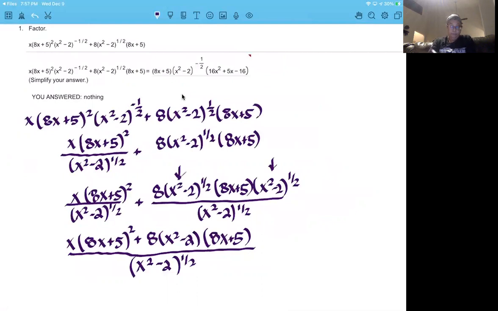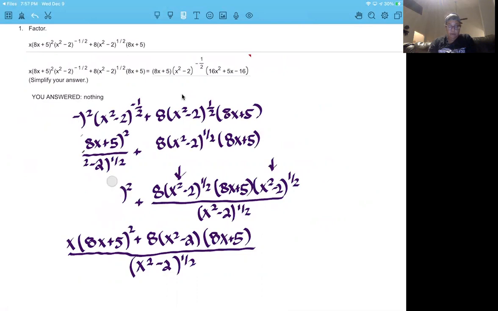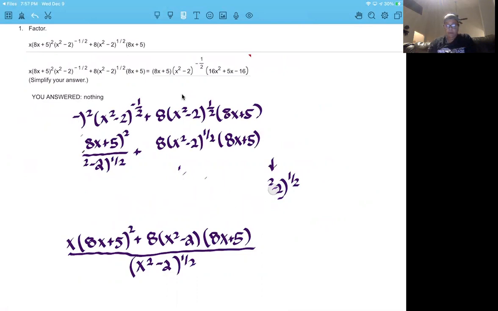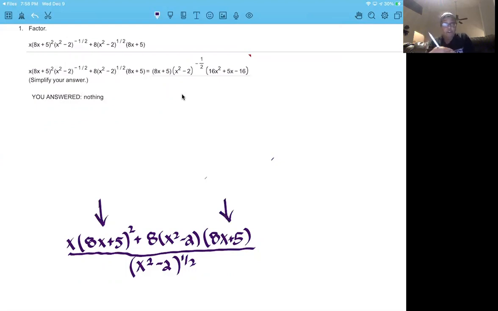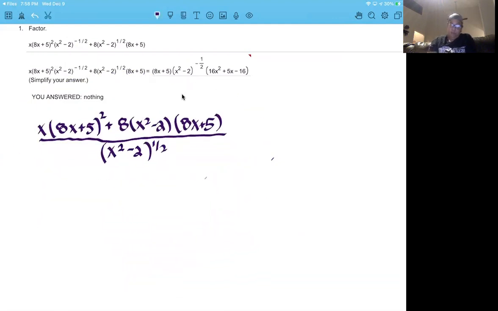All right, now I'm going to do a little bit of erasing. Now I'm going to factor out things that the numerator has in common. Each of them has an 8x plus 5 in common, right? The first term has two of them, the second term only has one. So I'm going to factor that out.